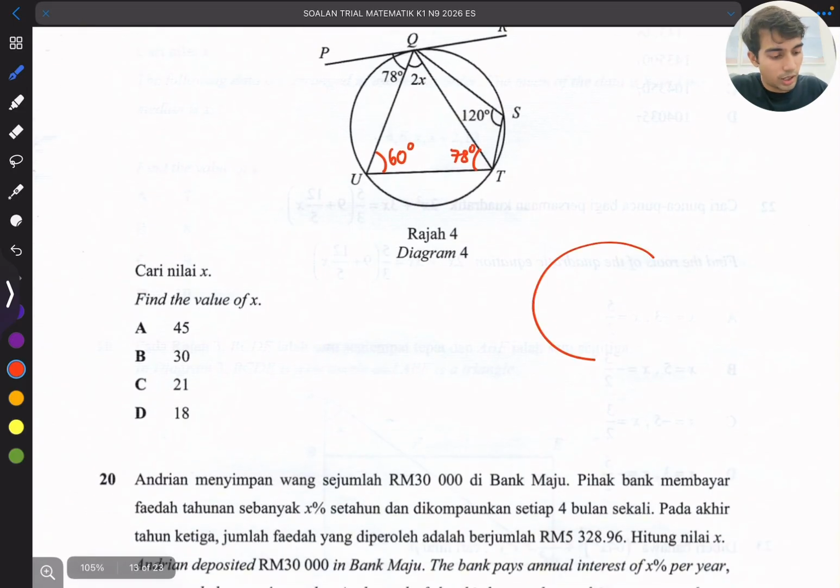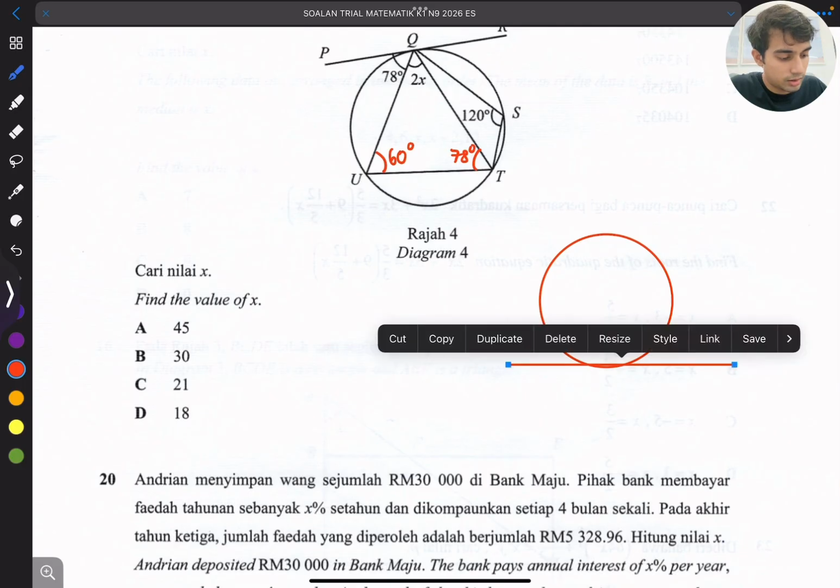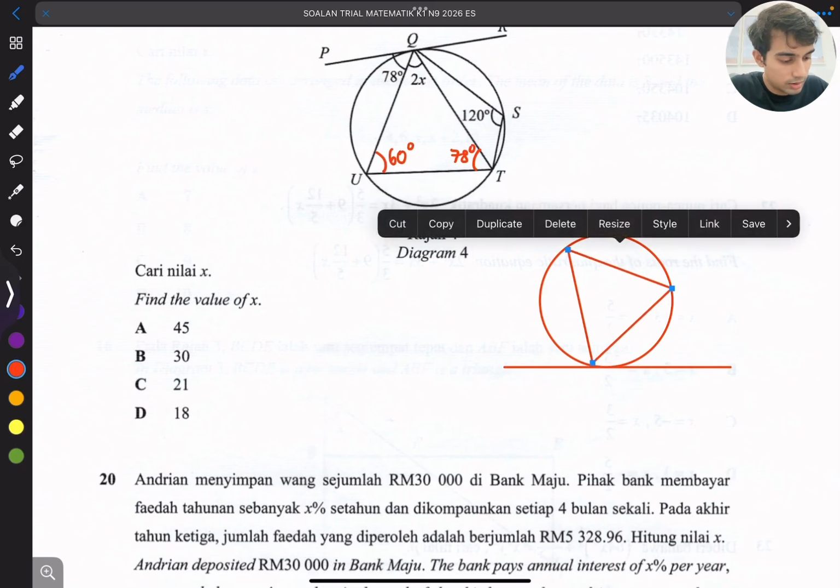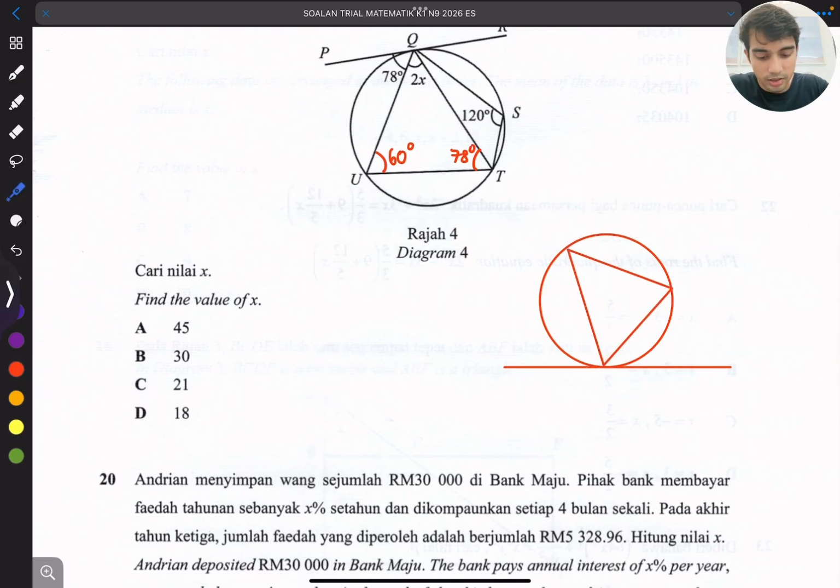Basically, if you have a circle, a tangent line, and a triangle, something like this, you must remember, this angle will be the same as this angle, and this angle will be the same as this angle.